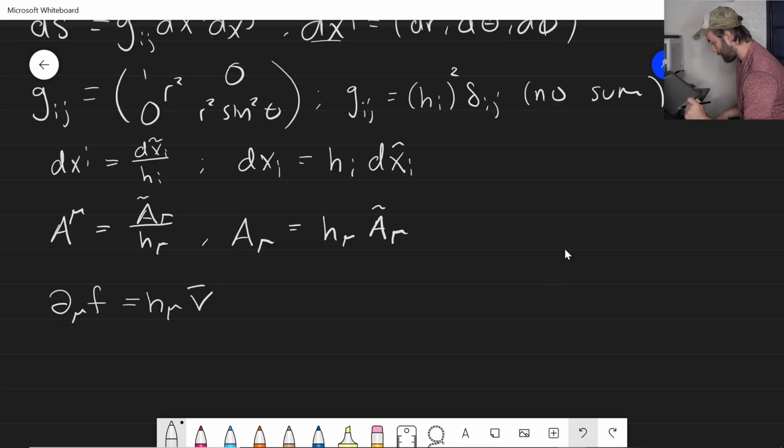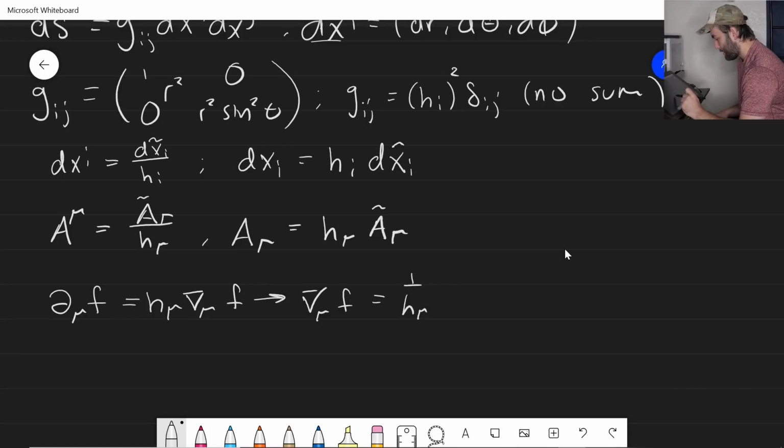Let's see if we can connect that dot a little bit better. Okay. So here this just gives us our relationship between derivatives with respect to coordinates and derivatives with respect to distances. Okay, so now we can finally move on to the covariant stuff.